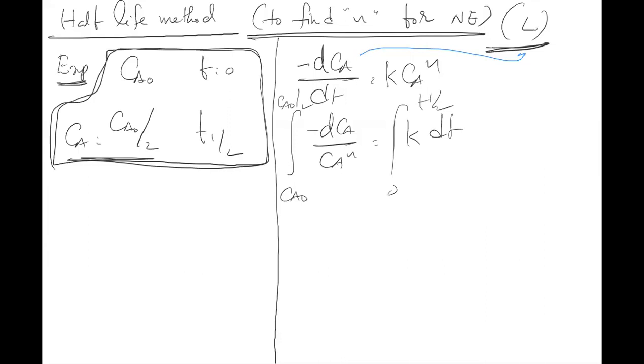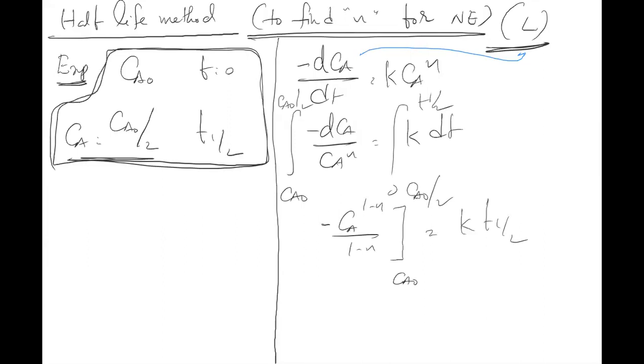Ca naught to Ca naught by 2. Maybe it is difficult to write in the chat what the answer is, but we can try. So the integral is minus Ca whole power 1 minus n by 1 minus n, from Ca naught to Ca naught by 2, which is equal to K into t half.